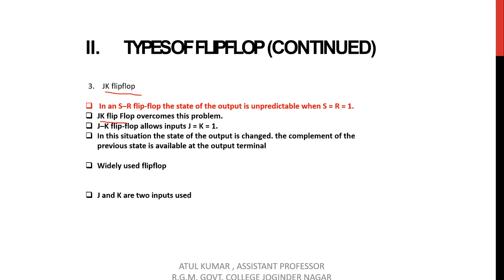JK flip-flops are widely used, and J and K are the two inputs. The JK flip-flop allows the input when J and K are both 1. In that case, the state of the output is changed.